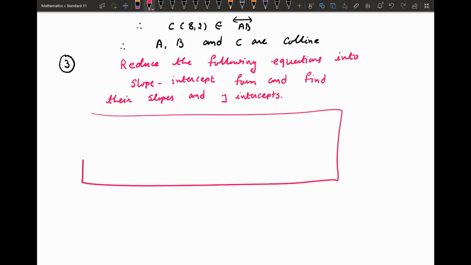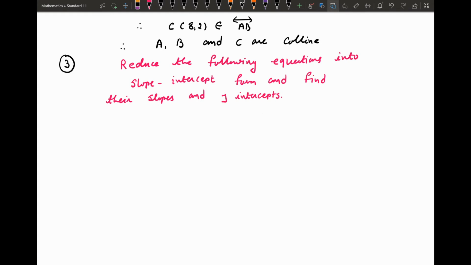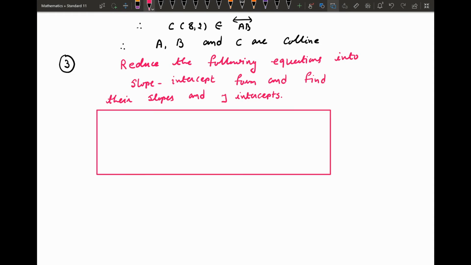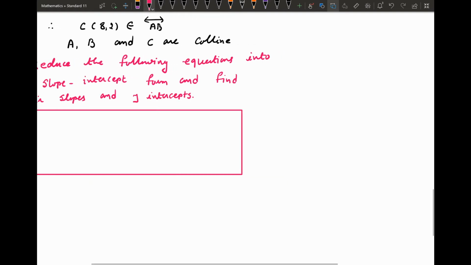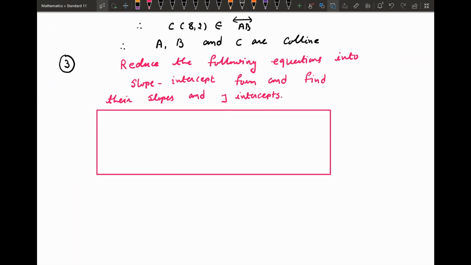So before we discuss the solution, let us discuss the method which we'll use. Now we know what the slope intercept form is. Y equal to mx plus c, this standard form.